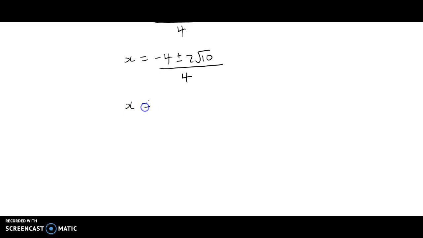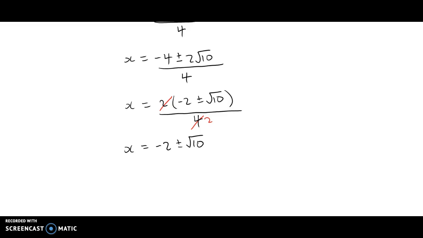So let's take out the common factor of 2. This will become minus 2 plus minus root 10 over 4, and then we can do some cancelling. That can cancel, and that 4 can become a 2. So we are left with x equals minus 2 plus minus root 10 all over 2.